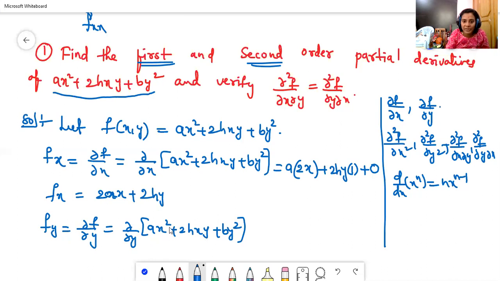Here also x is treated as a constant. ax² is a constant, so its derivative is 0, plus 2hx is a constant times y, whose differentiation is 1, plus y² differentiation is 2y. So f_y equals 2hx + 2by.